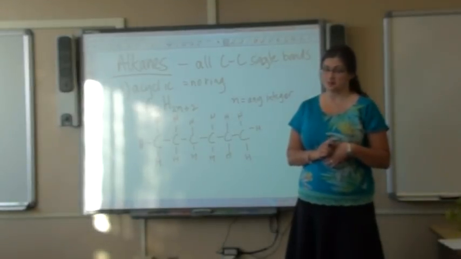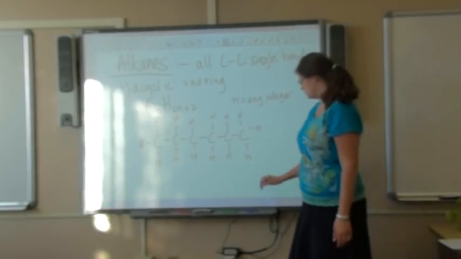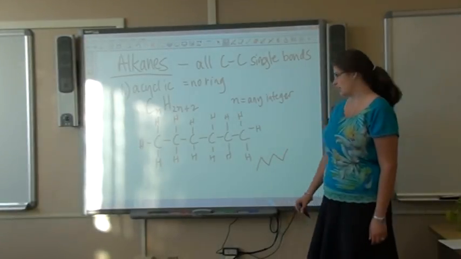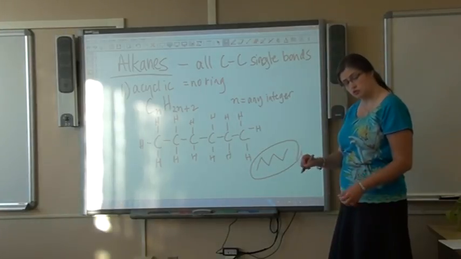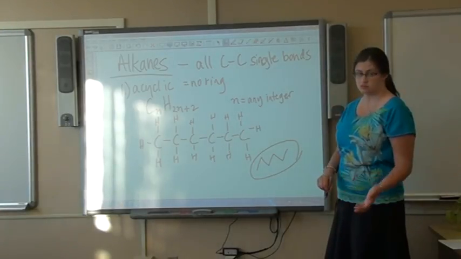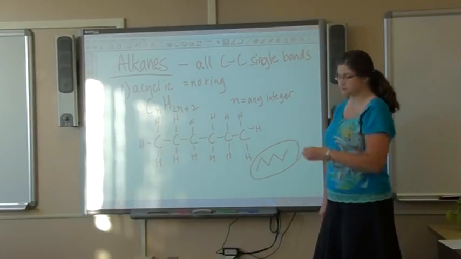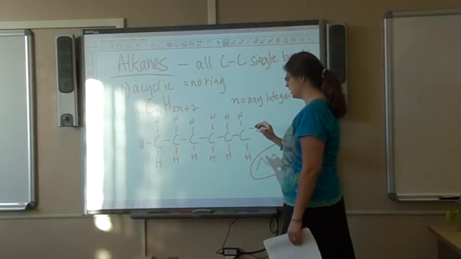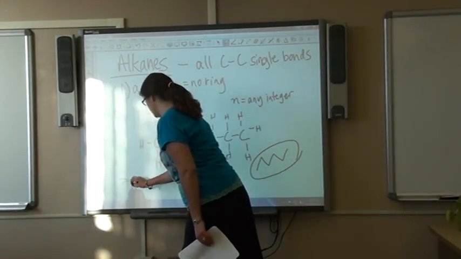Now, the best way to write this compound in a formula is to use the line angle formula. The line angle formula assumes that you have all H's around each of your carbons so that each of the carbons has 4 bonds. When you have all H's around all of your carbons, this is known as saturation.